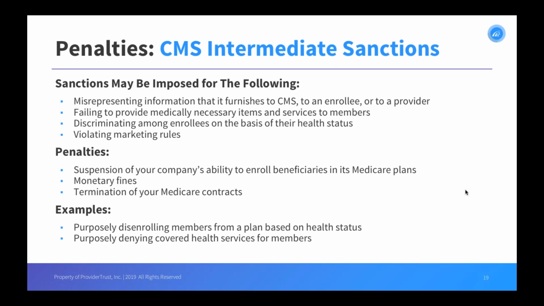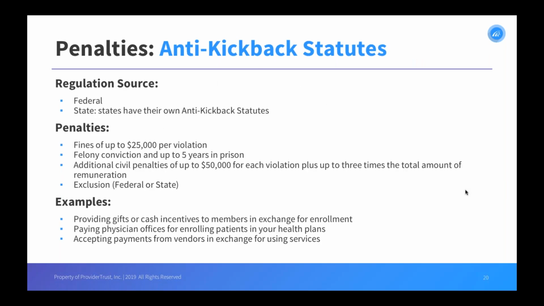And examples of these would be purposely disenrolling members from a plan based on health status, purposely denying covered health services for members. Number 4 out of 6 is anti-kickback statutes. So again, regulation sources for these are both federal and state. States have their own anti-kickback statutes. Penalties are fines of up to $25,000 per violation, a felony conviction, and up to 5 years in prison.